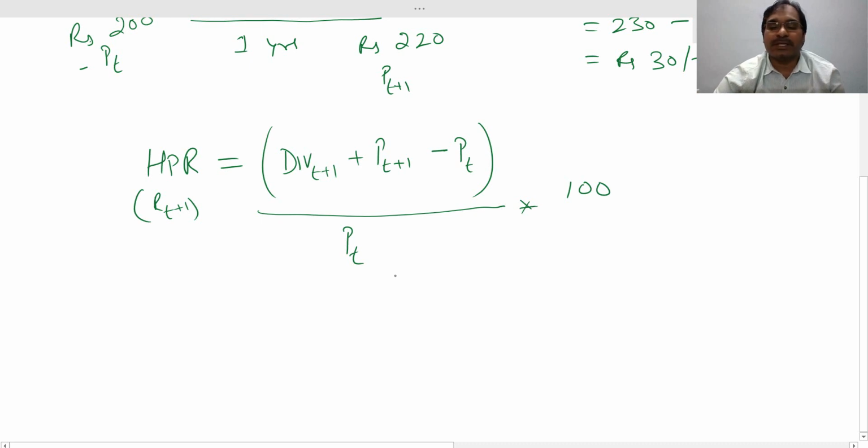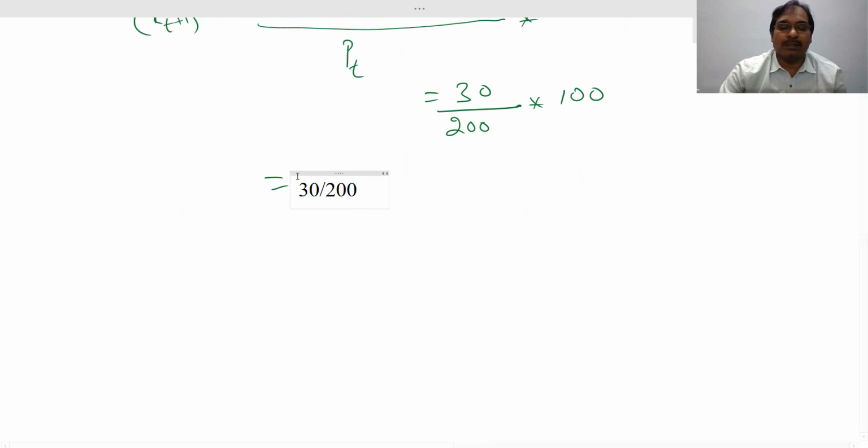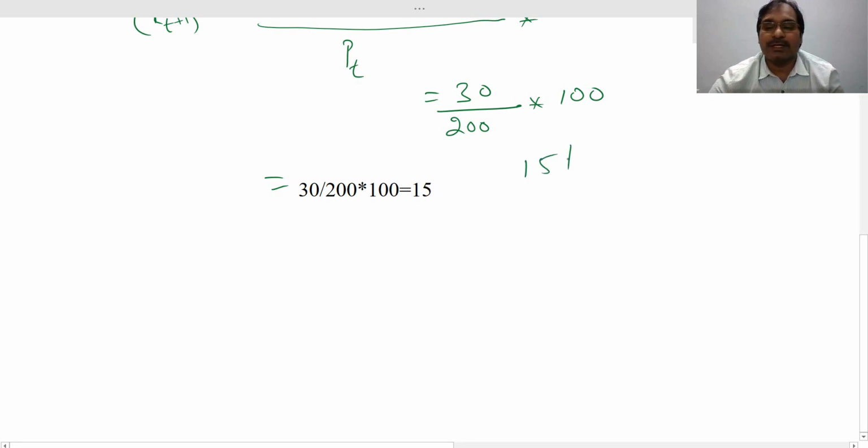Taking the previous example, here your dividend plus price at T plus 1 minus price at T, all this is your dollar return, 30. Then this is divided by the price at which you purchased the stock, that is 200, into 100. So this equals 30 divided by 200 into 100, so this is 15%, which is your holding period return.